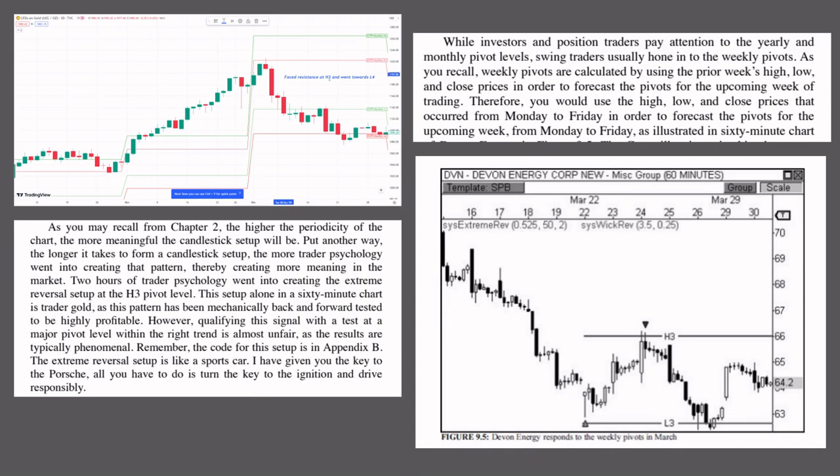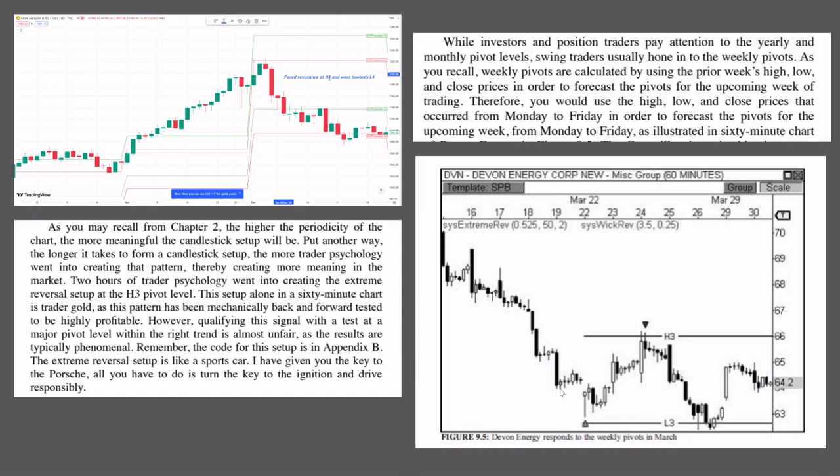The Camarilla pivots in these charts were derived from price activity between 15th of March to 19th of March. Based on the high, low and close, they have marked the H3 and L3 for the week of 22 to 26. Since the previous week the market traded between 70 and a low of 65, it is a very high range.